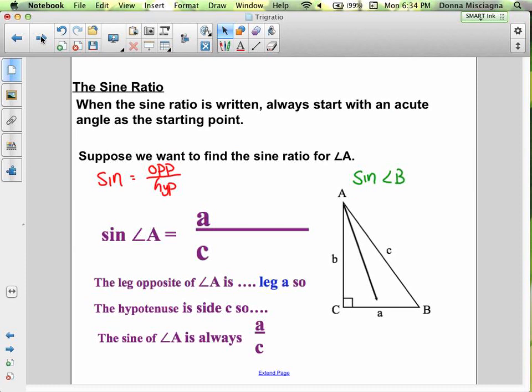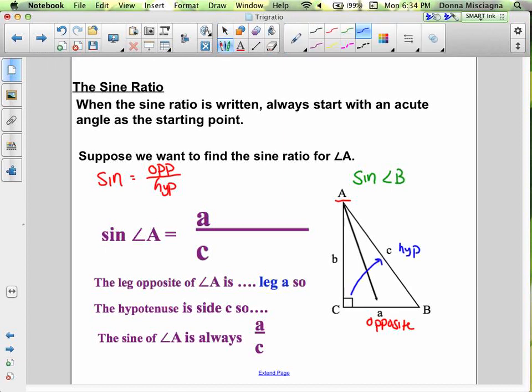So for angle A, this side is the opposite, because it's across from the angle. And side C is always going to be the hypotenuse. The leg opposite of angle A is leg A. The hypotenuse is side C. It's opposite the right angle. So the sine of angle A is A over C.